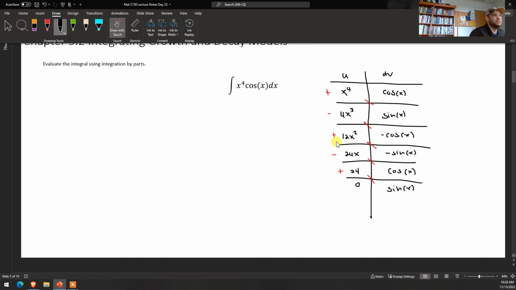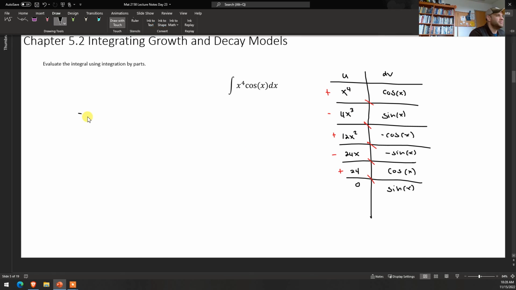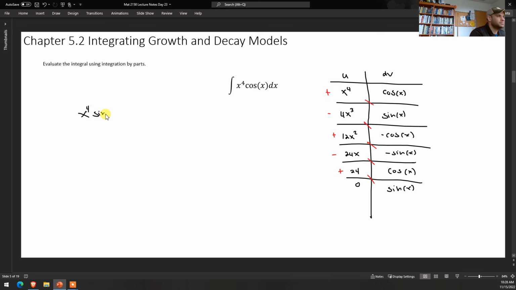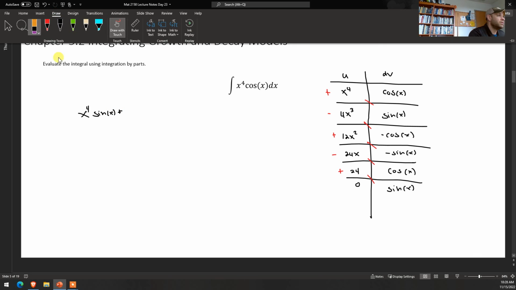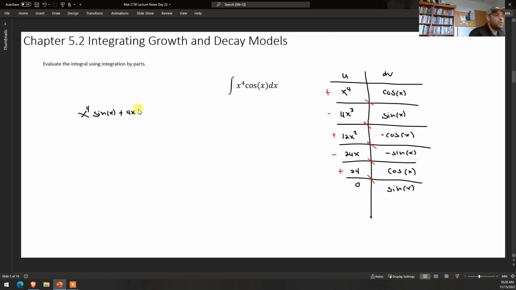Now let's write down our answer. X to the 4th sine of x. Minus with a minus makes a plus, 4x cubed cosine x. Now plus with a minus makes a minus, 12x squared sine of x.